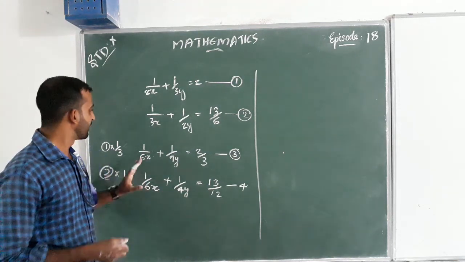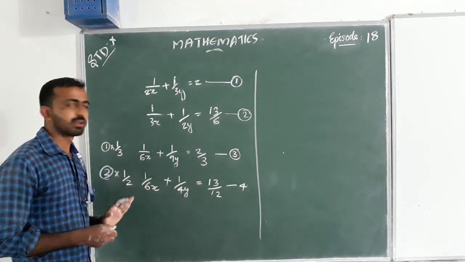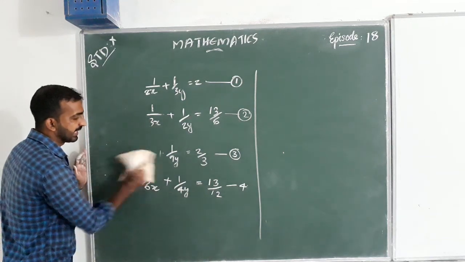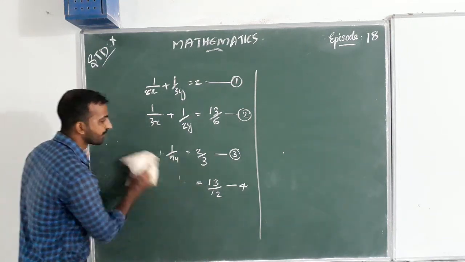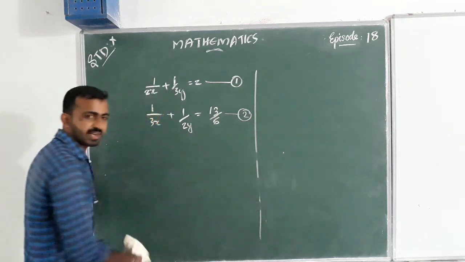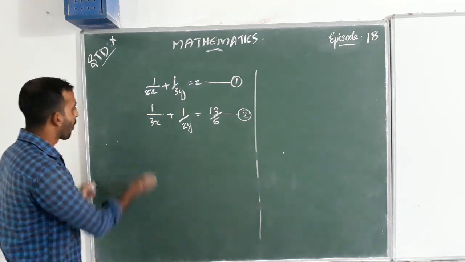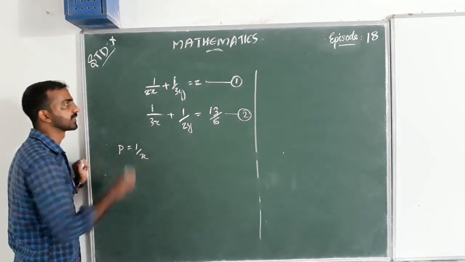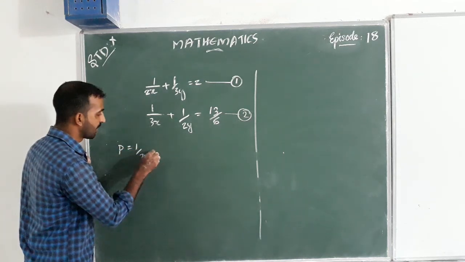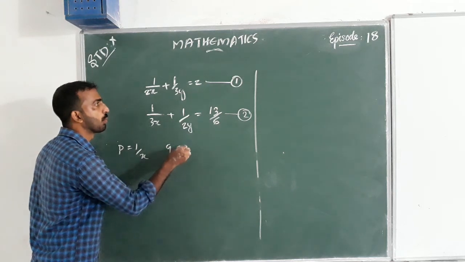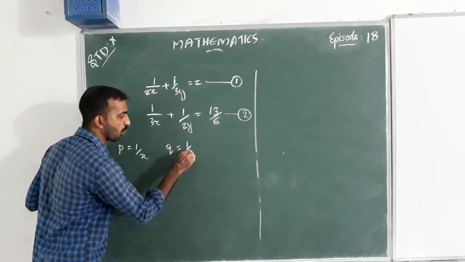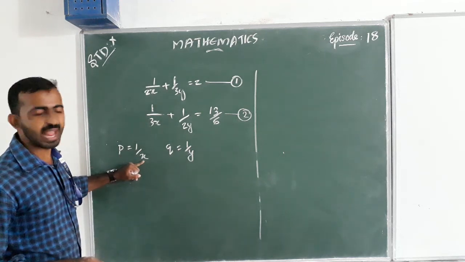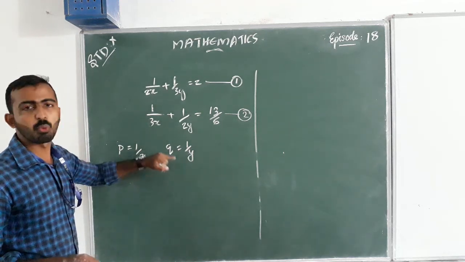Here we didn't get the same, so we put p equal to 1 by x and q equal to 1 by y. That is, p equal to 1 by x and q equal to 1 by y.